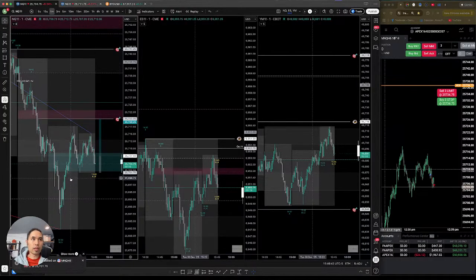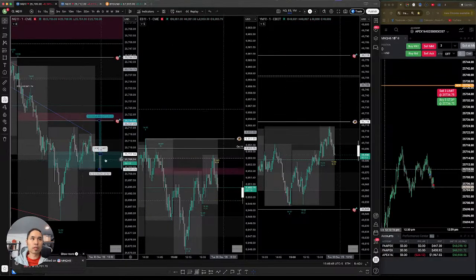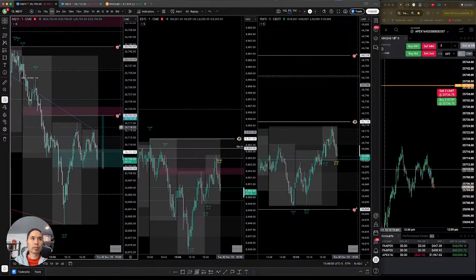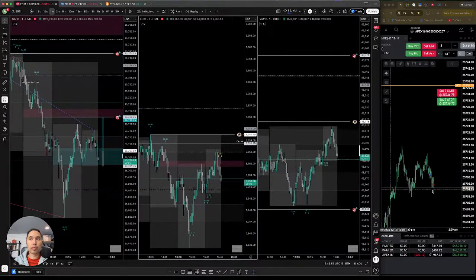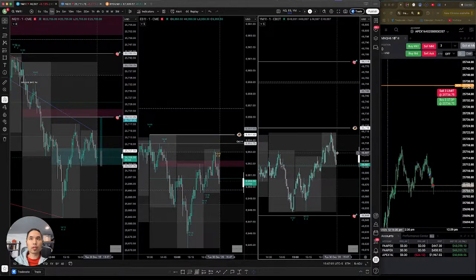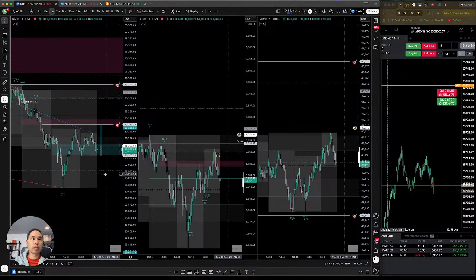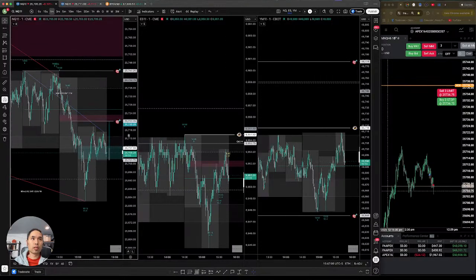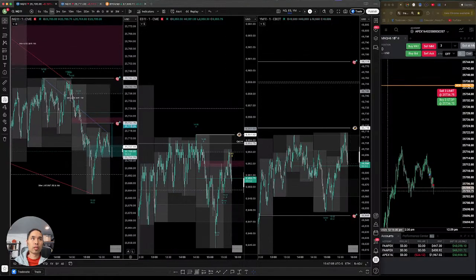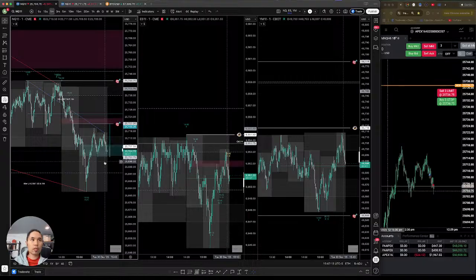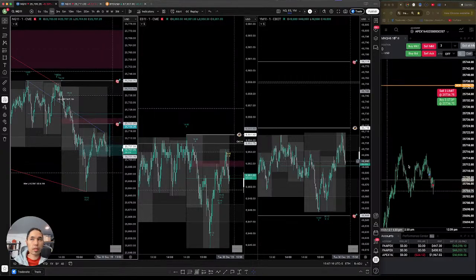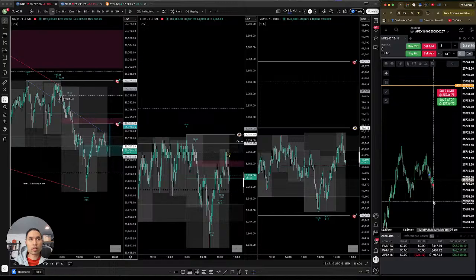Probably going to hit this. We might hit this low and then go higher. But yeah, see, probably going to hit this low here. Okay, so I think I'll maybe hit this BPR 700 and then go long.